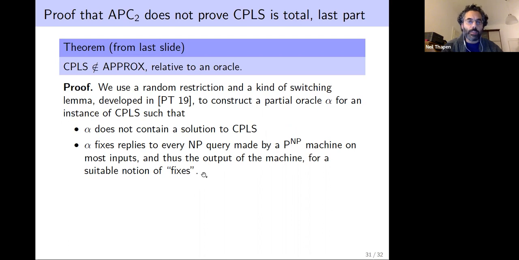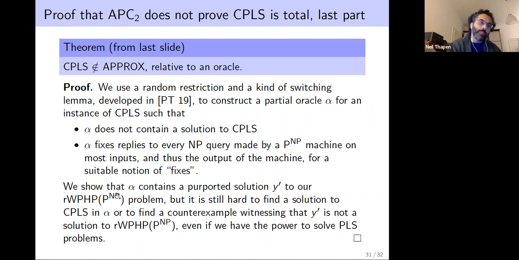And this means we've fixed the output for lots and lots of P to the NP machines, which in particular means we're able to fix a witness to our weak pigeonhole principle. So we've done this without giving a witness to CPLS. So this gives the separation we want.